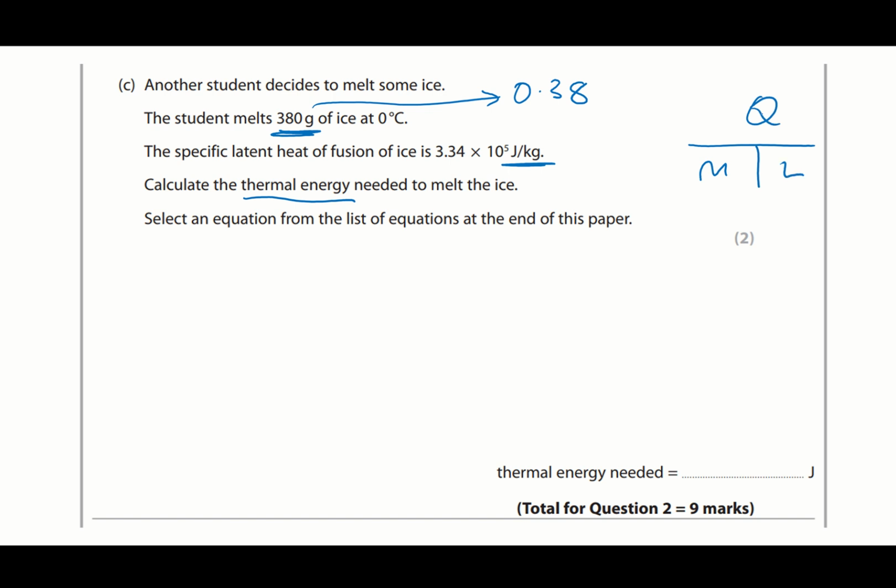The heat energy I need to melt or to boil a substance is whatever its mass is times some value that scientists have worked out. It's nice, really. As soon as we make that change for the grams, we're good to go. Q equals ml, which you would have picked from your formula sheet. So I just need the 0.38 times 3.34 times 10 to the power of 5, and then I get my answer 1.27 times 10 to the 5. And that's that question done.